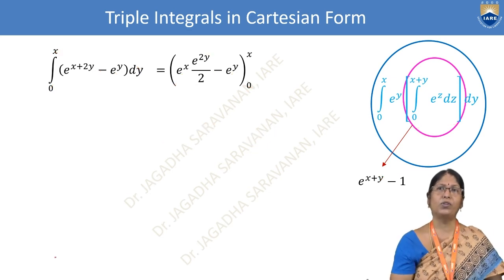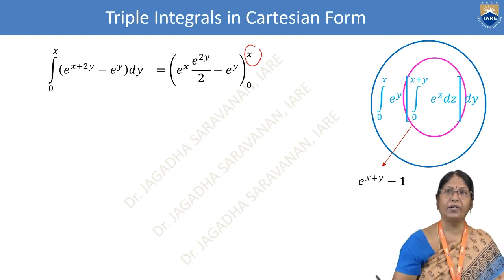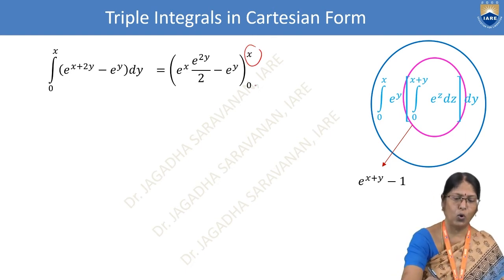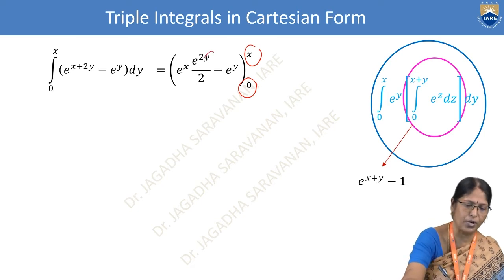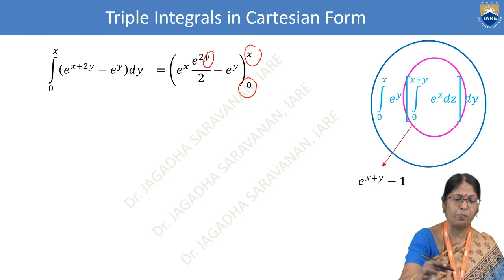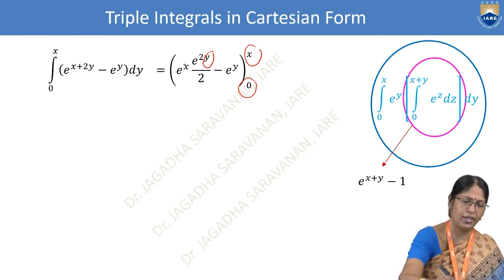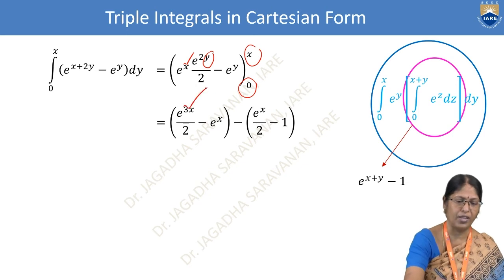We will substitute the limits now. Our upper limit is x. The lower limit is 0. In the place of y, we are going to substitute. So if you substitute in the place of y, this becomes e^(2x). Already e^x is there. Put together, e^(3x).